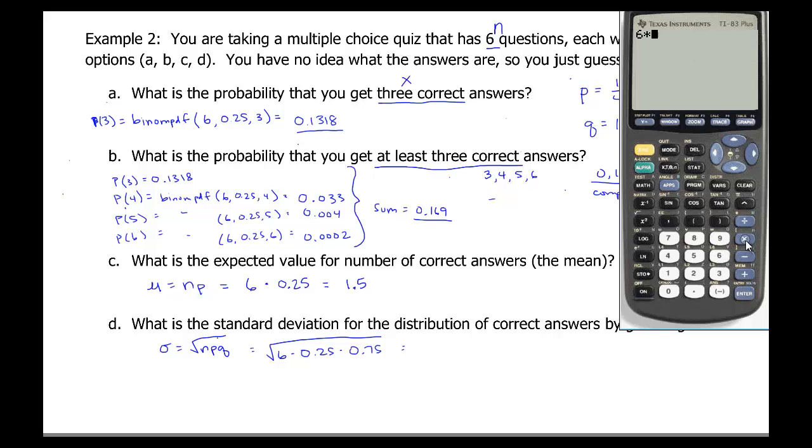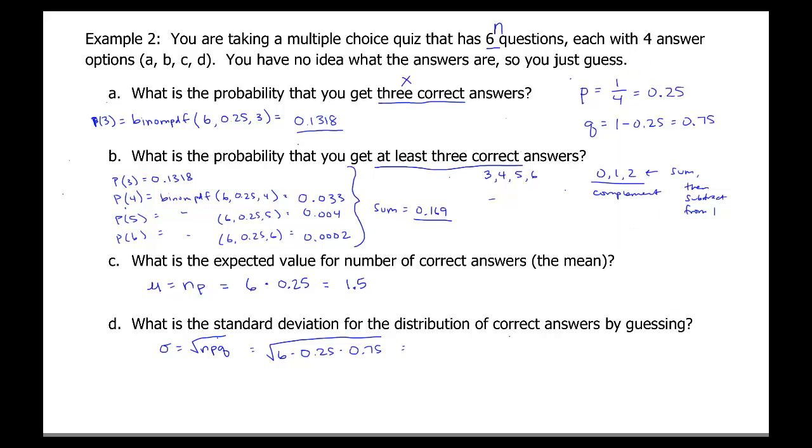So 6 times 0.25 times 0.75, enter, and then do second squared for the square root sign, and put our answer back in, second answer down here, hit enter, and we get 1.06 as our standard deviation.